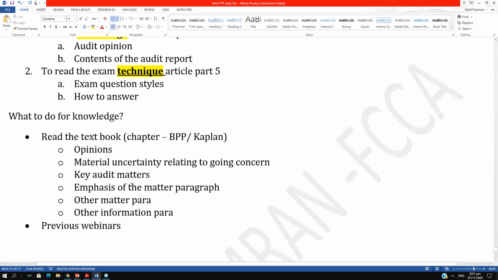But you should have knowledge. Is that clear to everyone? Should you have knowledge about opinions, material uncertainty relating to going concern, key audit matters, the emphasis of matter paragraph, the other matter paragraph and the other information paragraph?